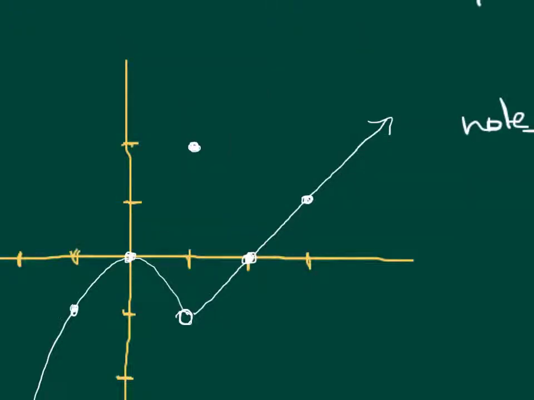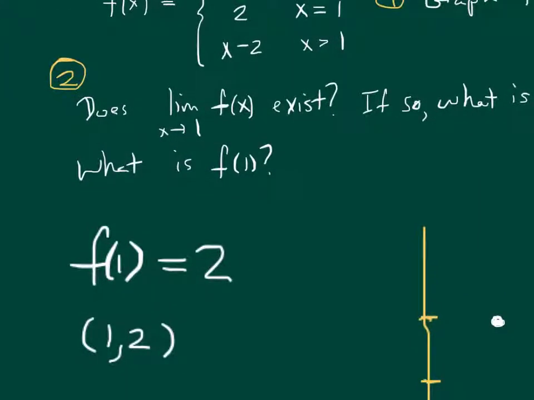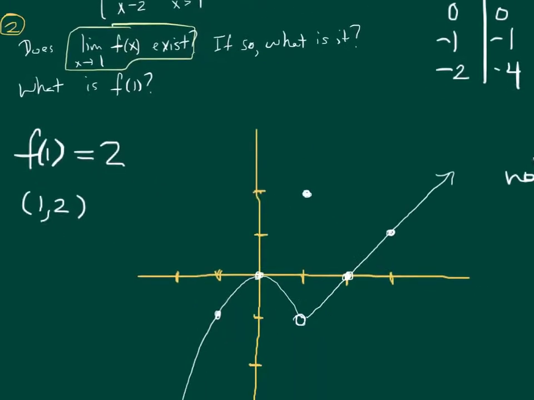Now number 2 says, does the limit as x goes to 1 of f of x exist? Okay, this is a loaded question. You can divide it into 2 parts. In fact, you must divide it into 2 parts. So right away, we're going to highlight this question as one that we cannot answer without doing some preliminary investigation.